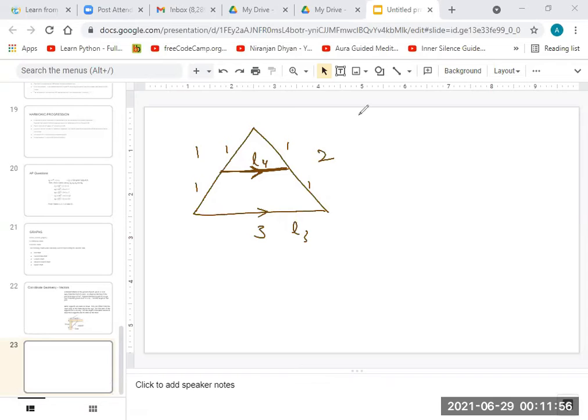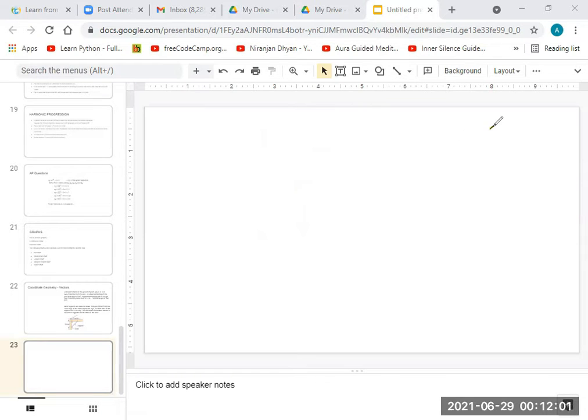Suppose I have a triangle here, with vertices A, B, C. Then D is the midpoint of BC.